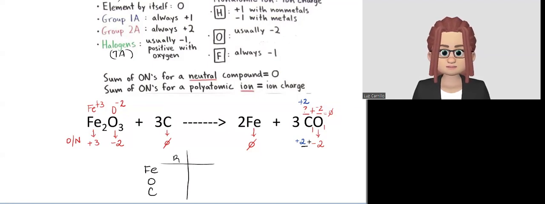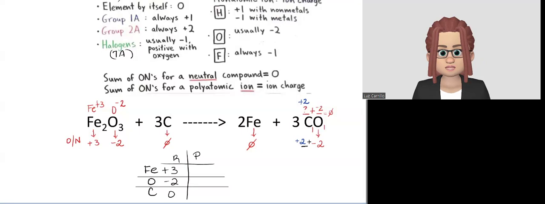That's what R is going to represent. P is going to represent product. Then I organize what is the change in oxidation number. So first I can say iron was +3, oxygen was -2, carbon was 0. And I write down those values. +3, -2, and 0.